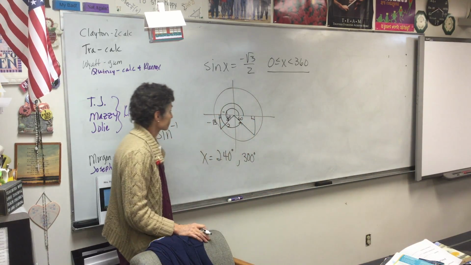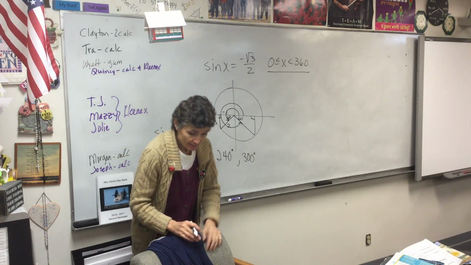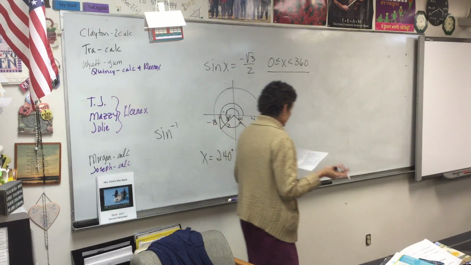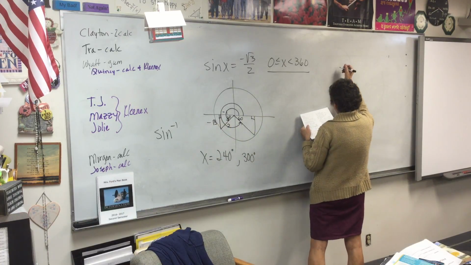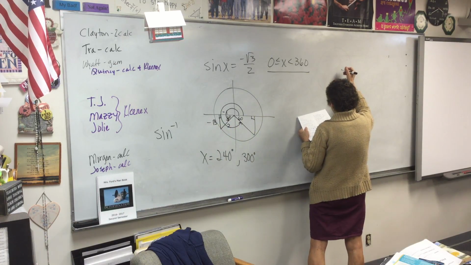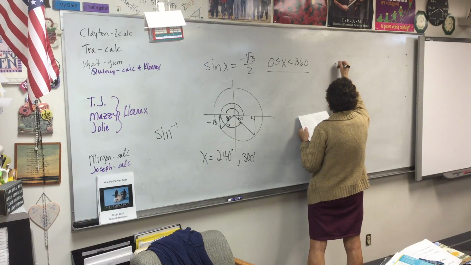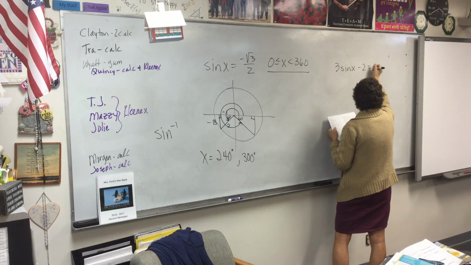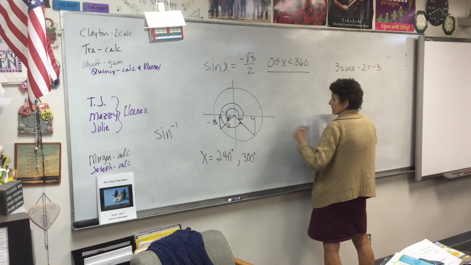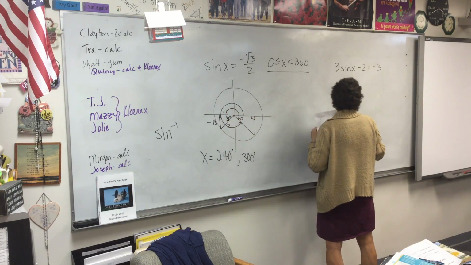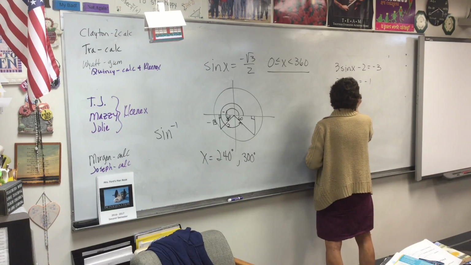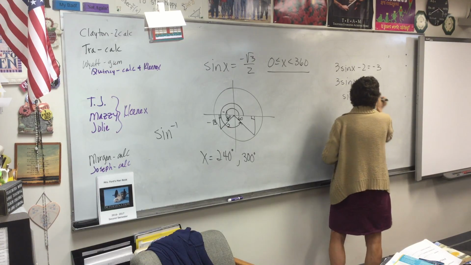Can we do number 18 as well? We can just do that. It says solve with a calculator. So problem A, it says with calculator. Yeah, problem A is exactly the same, except that angle's not going to turn out to be special like that. This is going to say the sine is negative 1/3.